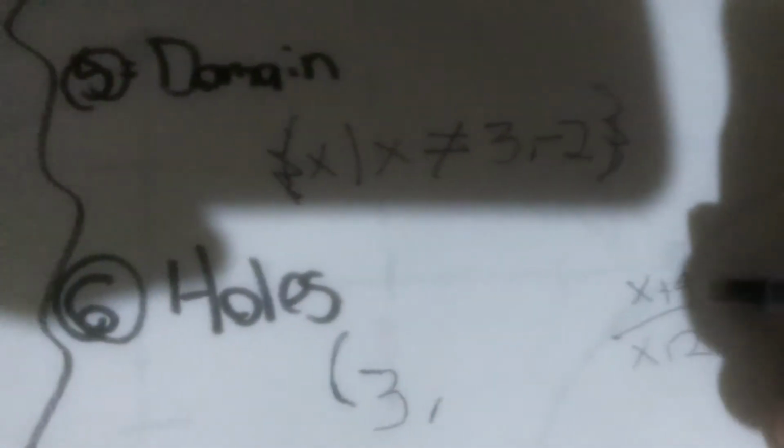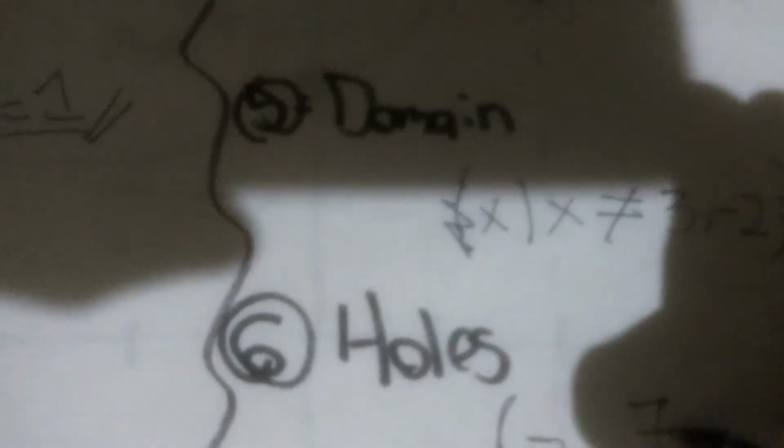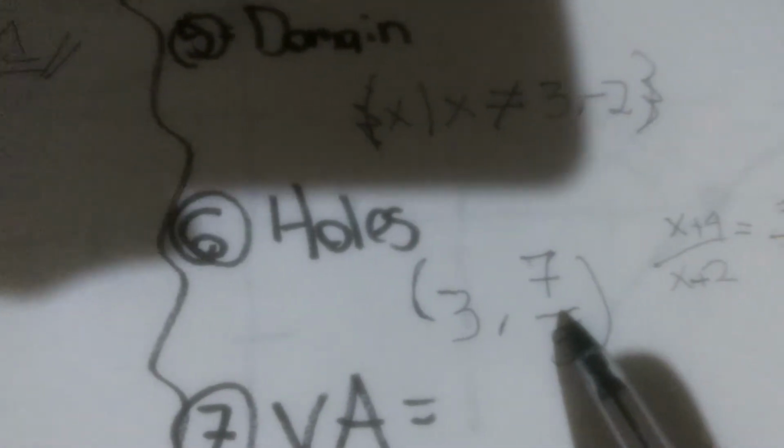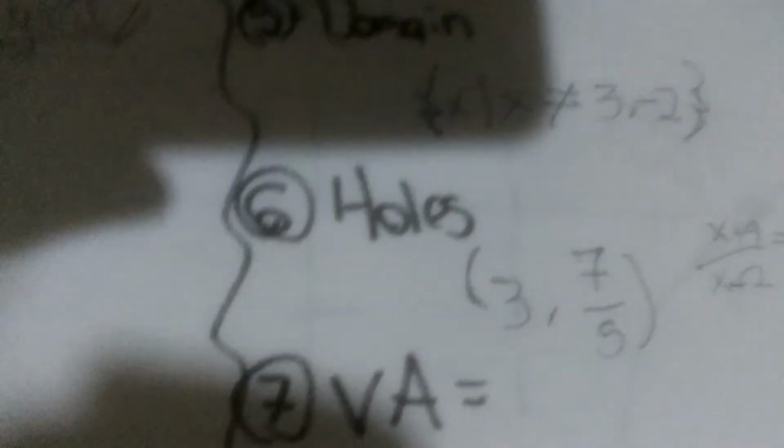The next step is to put 3 in for the x that is left. So it will be 7 divided by 5. When x is 3, y will be 7 divided by 5, and that's our hole.